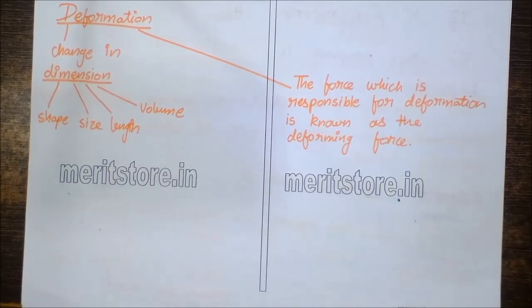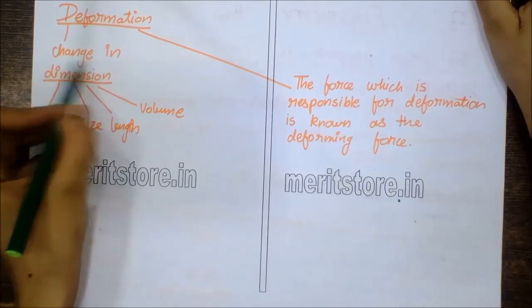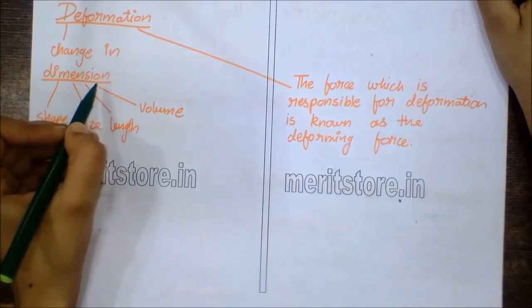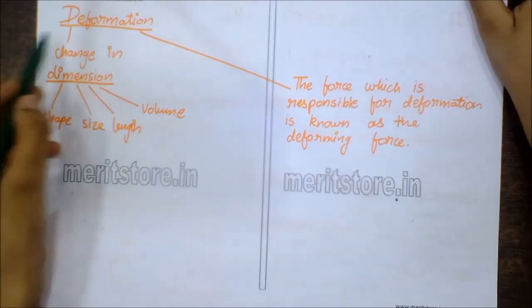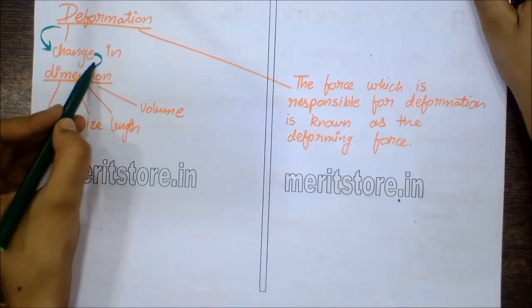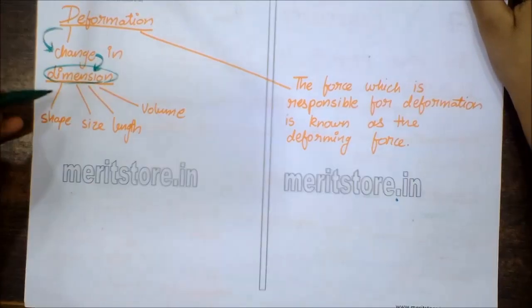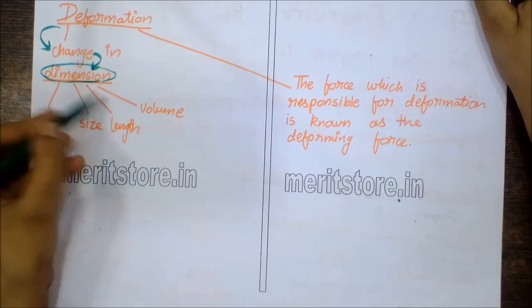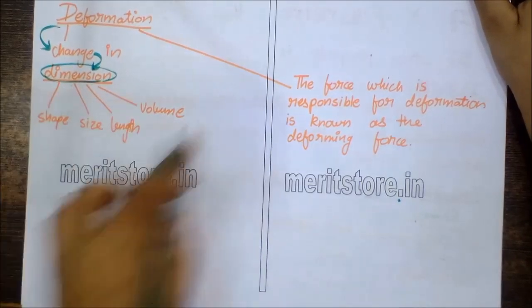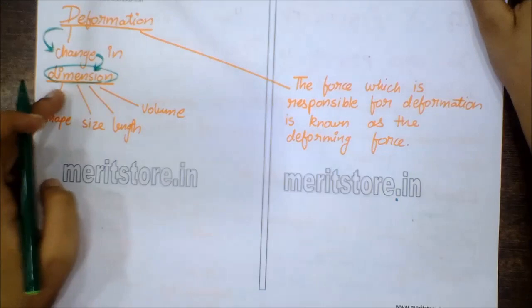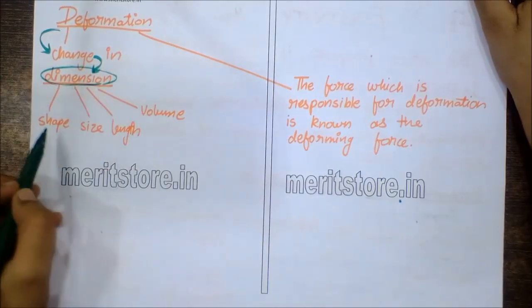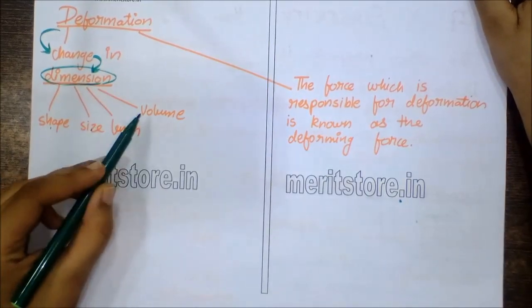Deformation. Now what do you mean by deformation? Deformation means change. Change in what? Change in dimensions. Now what do you mean by dimensions? Dimension is anything: shape, size, length, volume. All these come under dimensions. So deformation is change in any of these, maybe one of these or two or more of these.